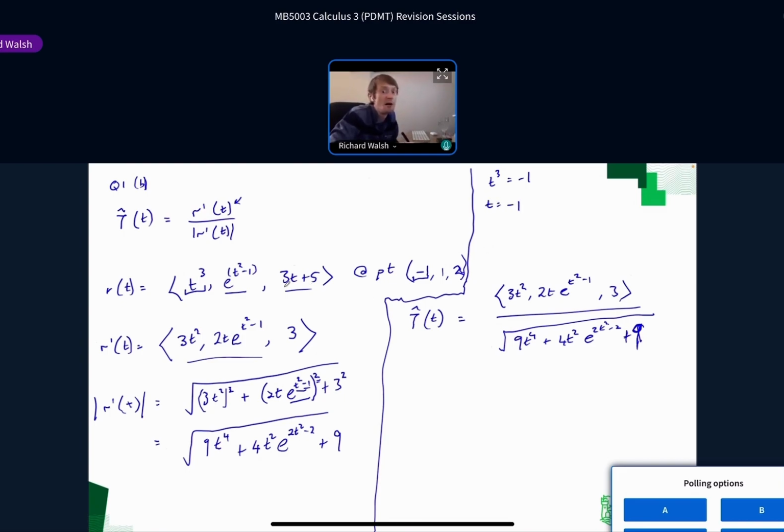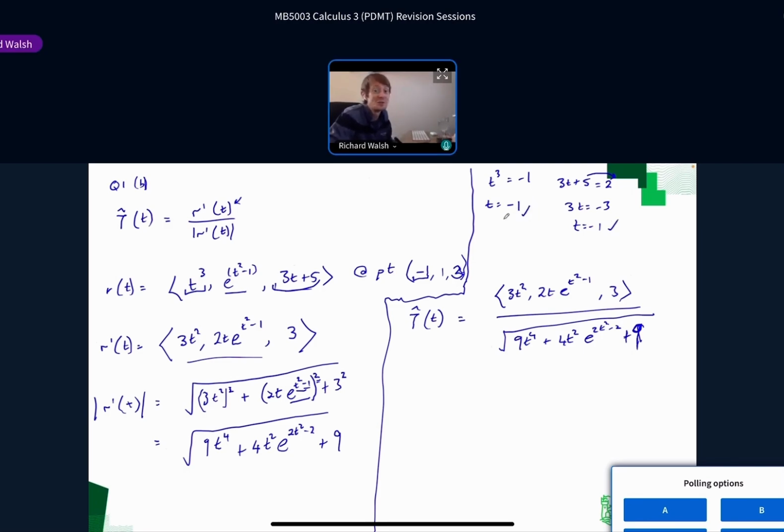The cube root of -1 is -1. I'm definitely not going to take the middle one as a solution, too awkward. Or you could solve 3t plus 5 would have to equal 2. That would also give you the t value. So 3t is 2 minus 5, which is minus 3. So again, t would equal minus 1.